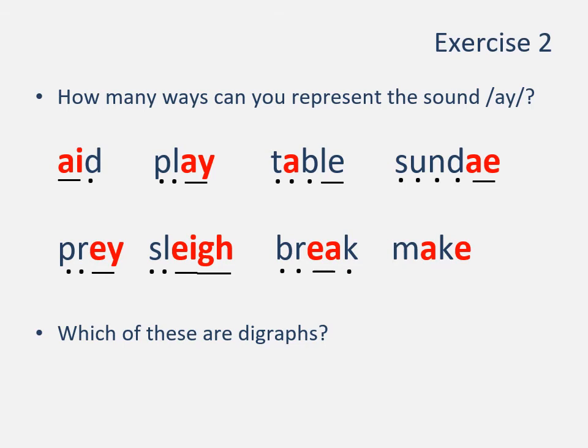The ul sound is made by the L and the E together. But let's look at sleigh. We have EIGH. So EIGH is not a digraph. That is more than two letters making one sound.